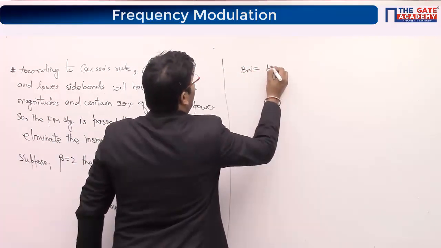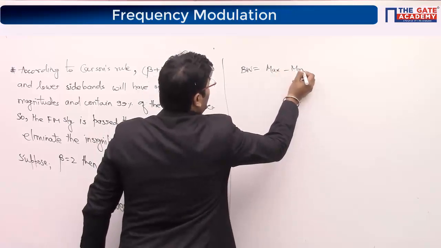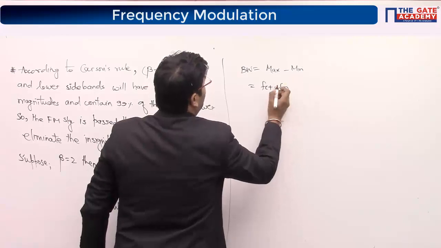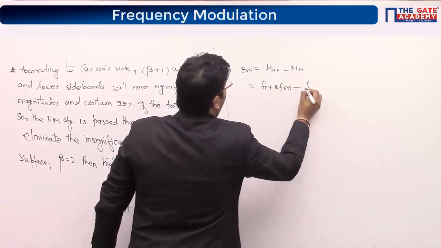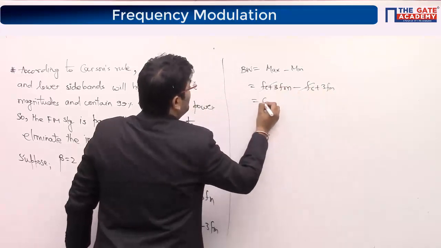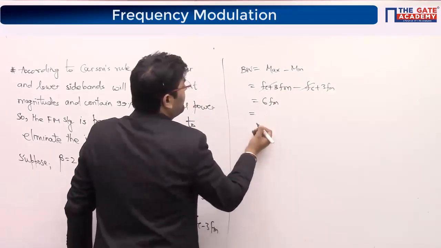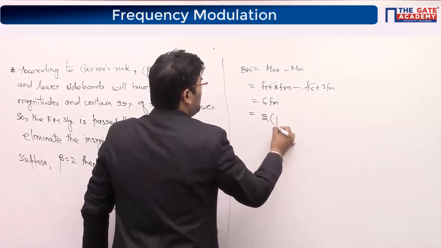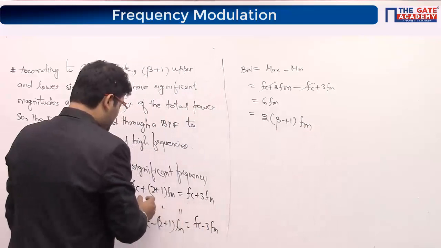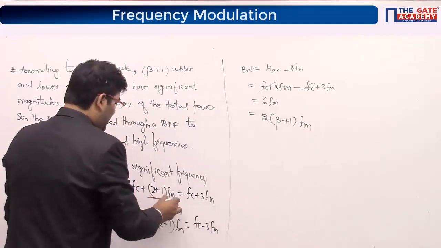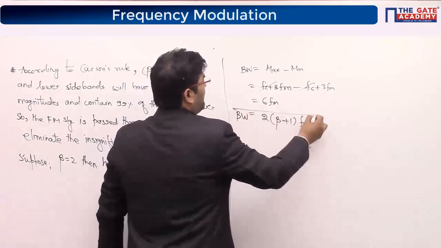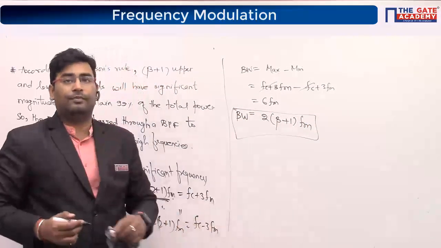It will be max minus min, means FC plus 3 FM minus FC minus 3 FM, cancel, 6 FM. If you really want to write 6 FM in a different manner, think of this formula. Because anyway you are going twice beta plus 1 FM. I have just written this. This is your formula of bandwidth. I think this is what Harsha wrote also. Clear, guys?